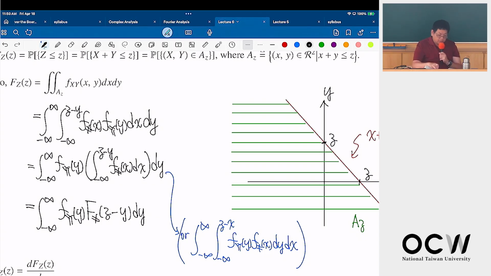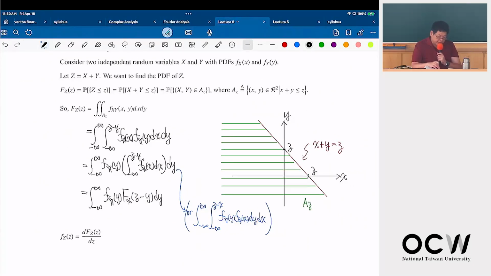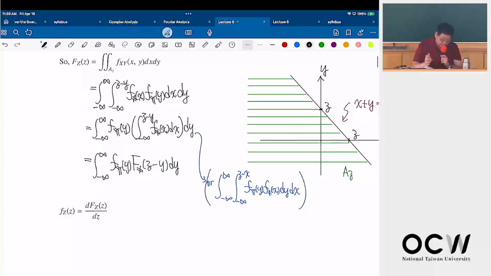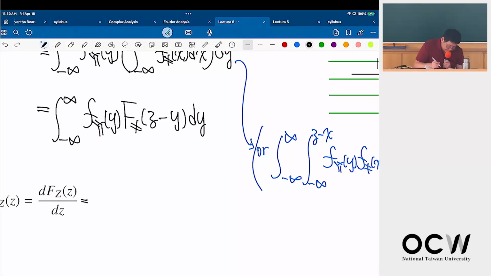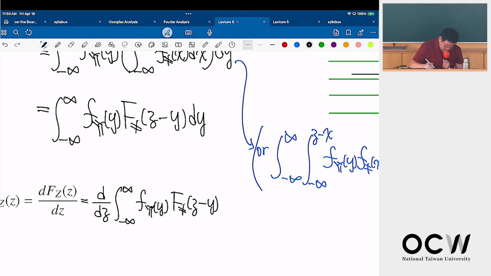So once we have the CDF, then let's take the derivative to get the PDF. So here the PDF is d over dz. Okay, so we only care about z.